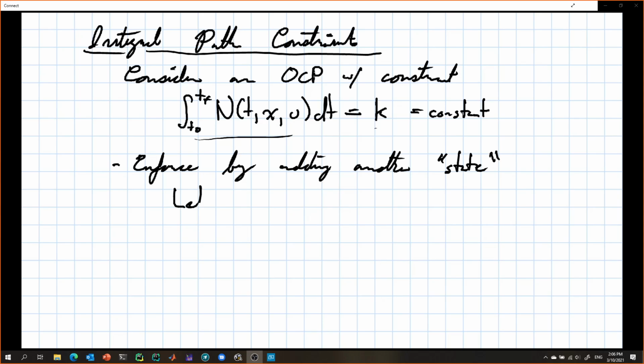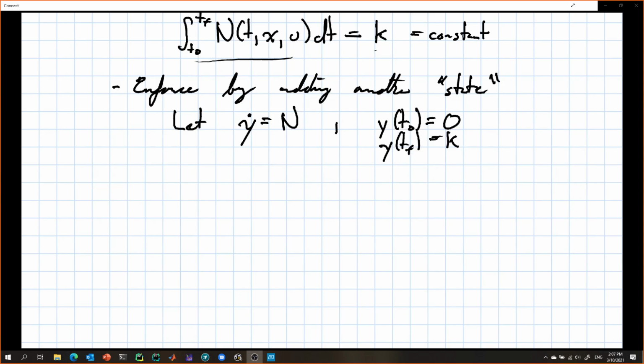So here we let y dot be equal to n, and then we also have initial and terminal conditions. We could say y at initial time is 0, and y at final time is equal to k. So now we just solve the problem as normal.